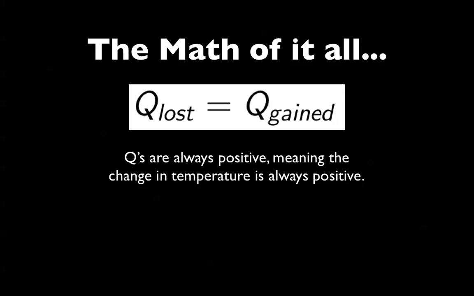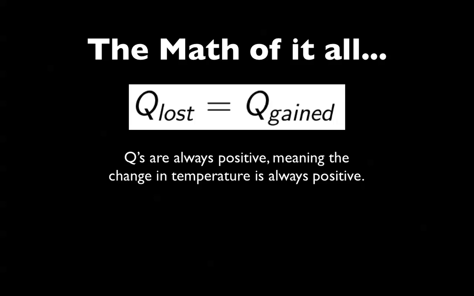Okay, so if you want to put ice in a glass of water, the ice is going to be on the gain side because it's colder than the water, and the water is going to be on the loss side. So you're going to have the Q of water on one and the Q of the ice on the other.